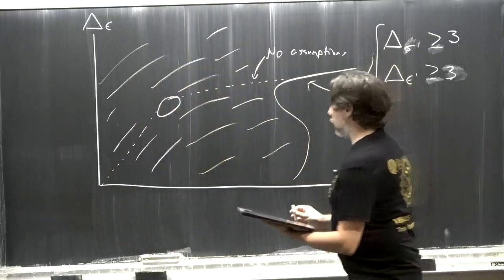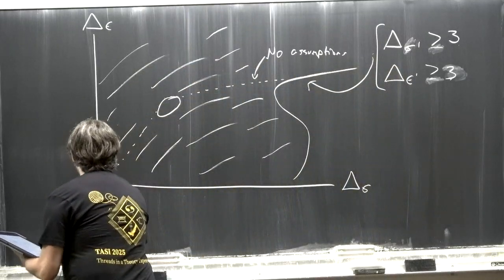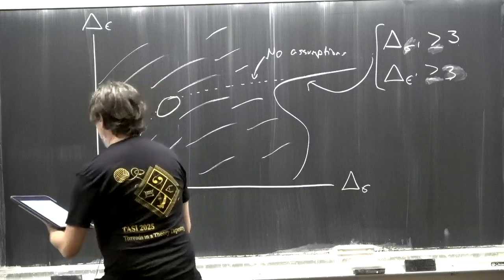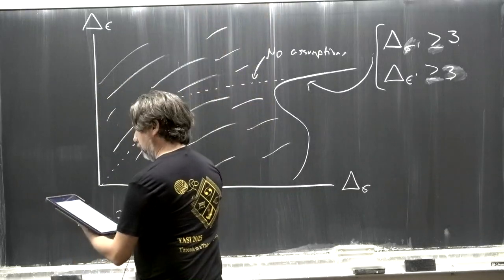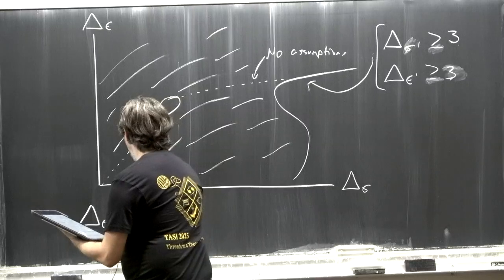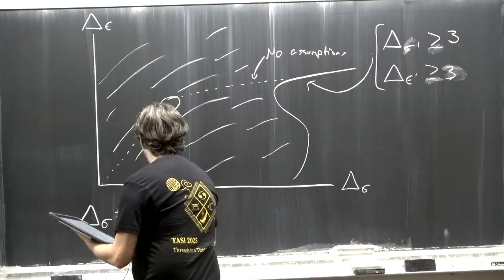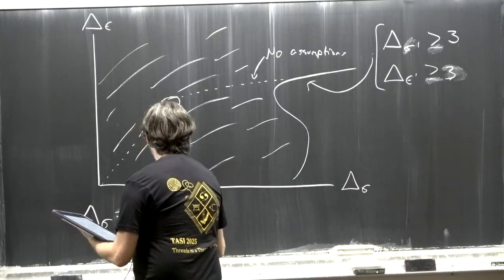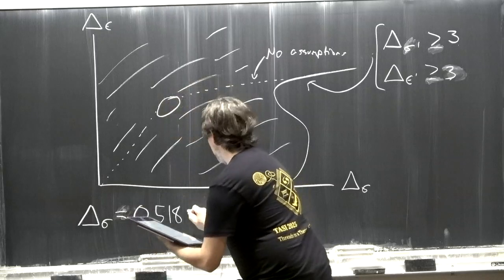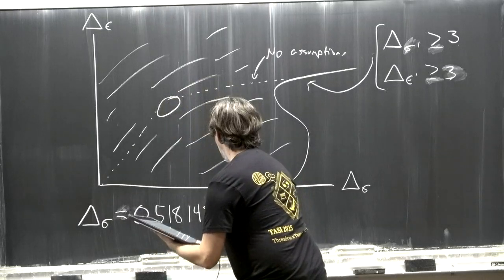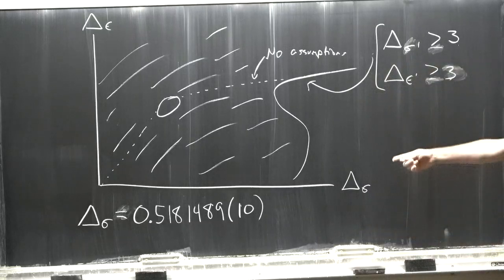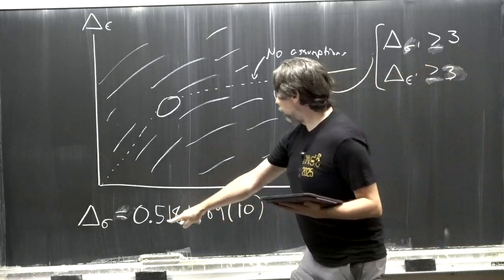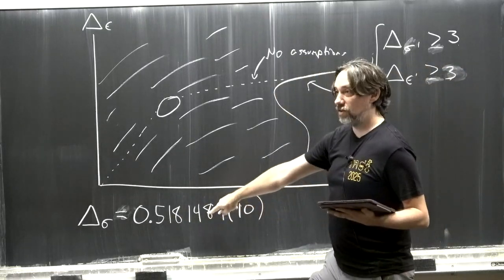So the island that's been computed from this system, delta sigma, you can determine it to 6 digits.